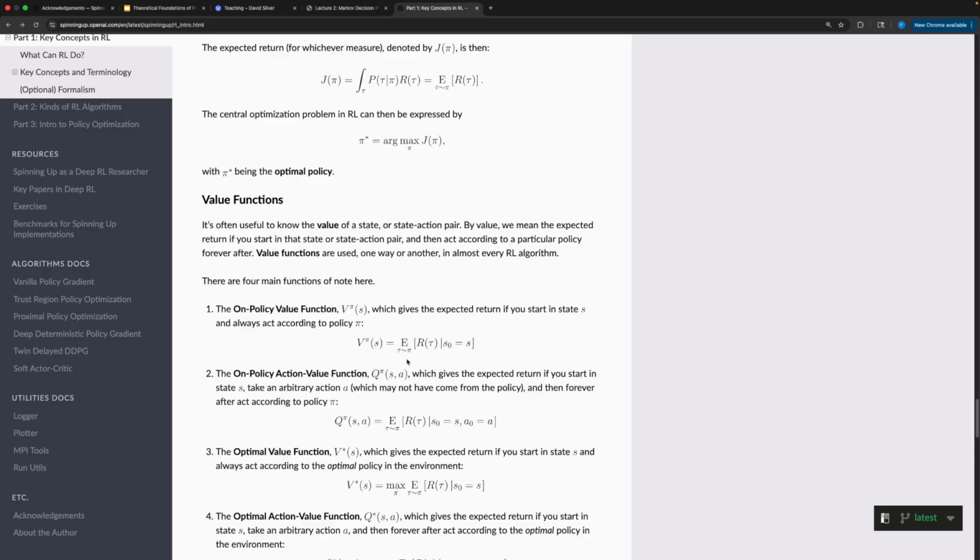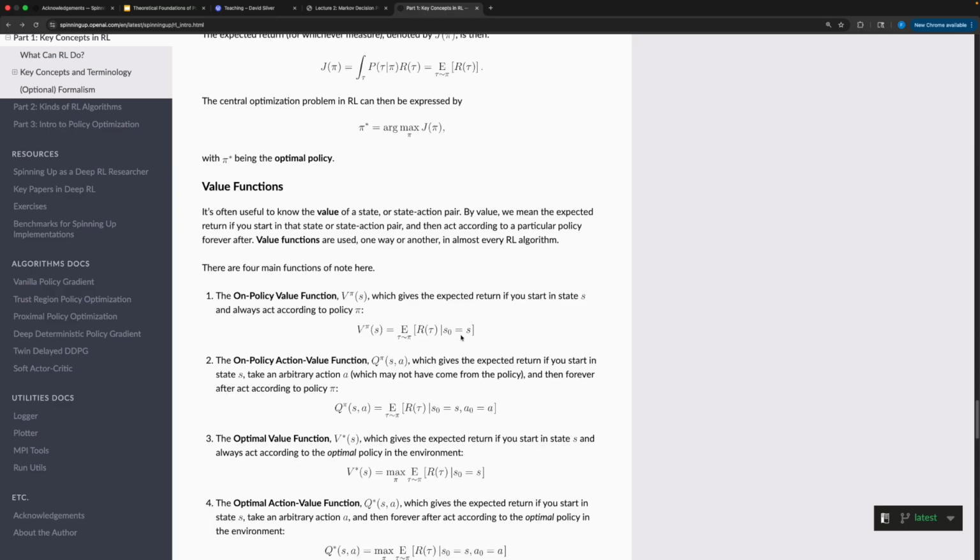That is, you start at that state s, and from there on at every step you take an action that is sampled from your policy. Once you take that action, based on your transition dynamics, you transition to a new state and get some reward from your reward function.